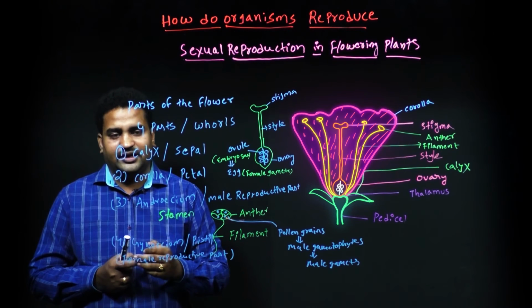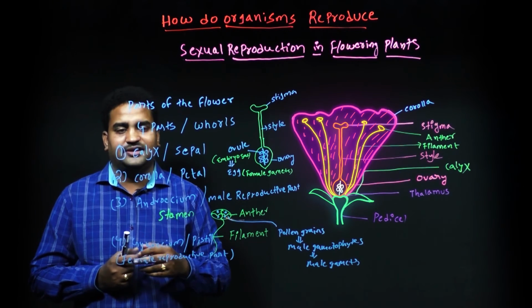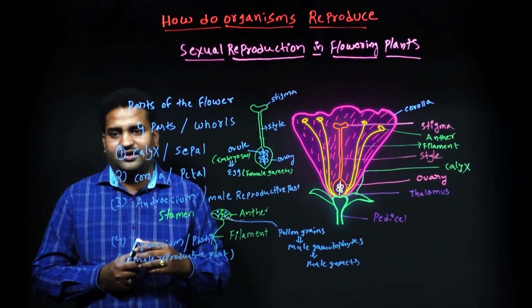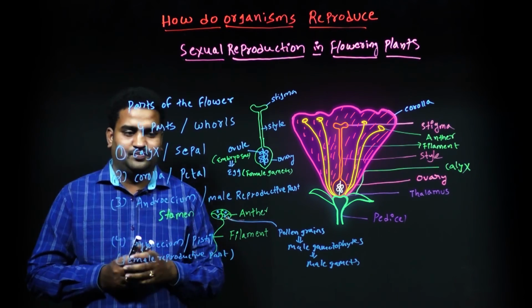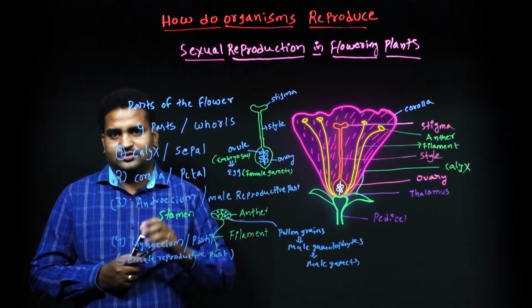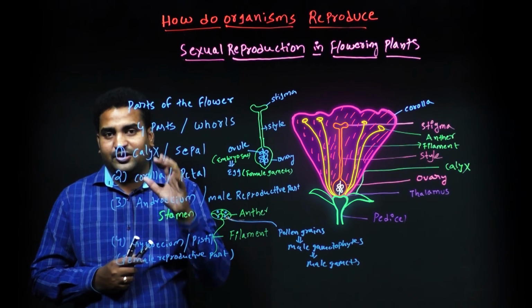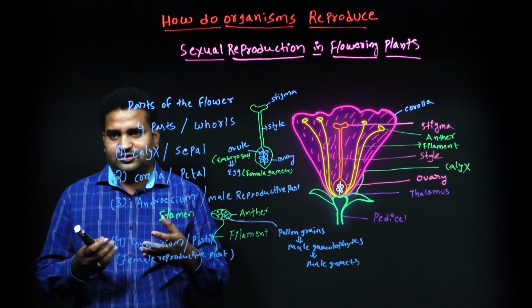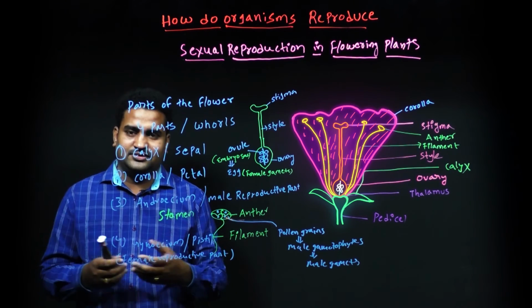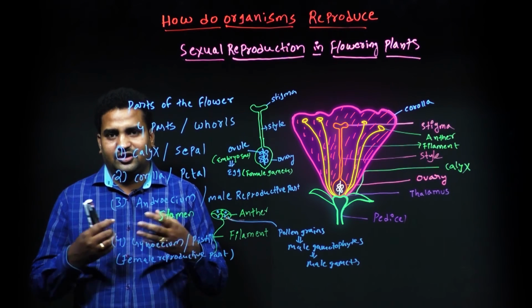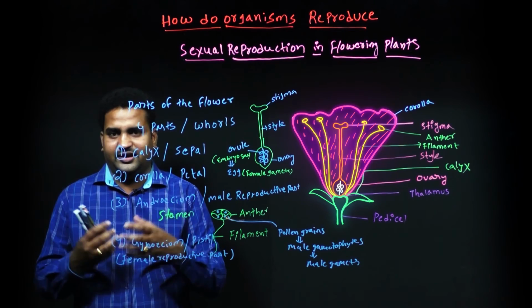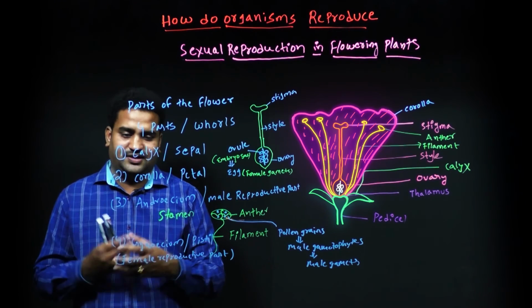Its function is to protect the flower in the bud stage. The second part of the flower is corolla or petal. These are the colorful parts of the flower. We can see different colors in different flowers. The main function of the corolla is to attract the insects and other pollinators for the pollination.